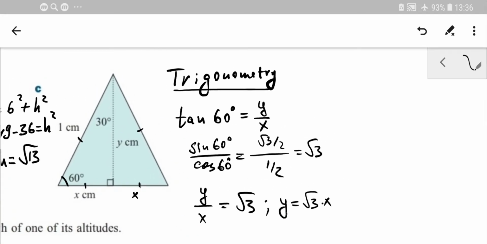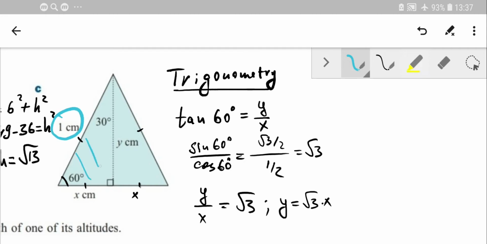So we connect y and x, and now we can complete the Pythagoras theorem, because we see that we have 1 centimeter for this triangle as the hypotenuse.